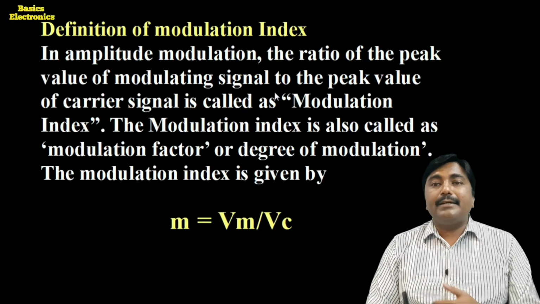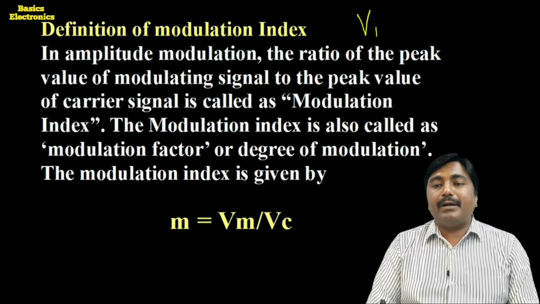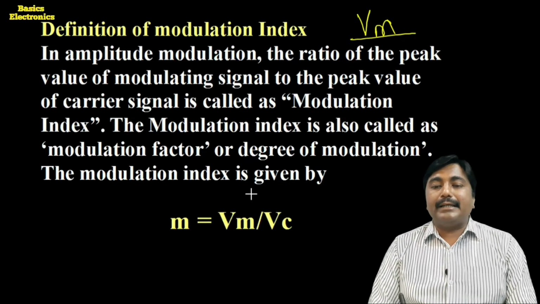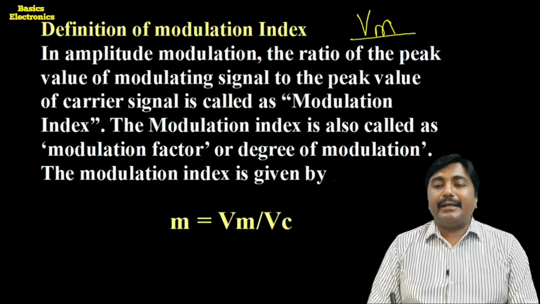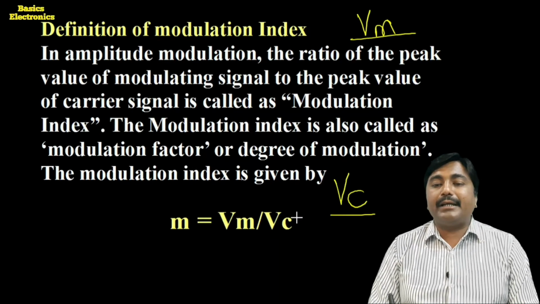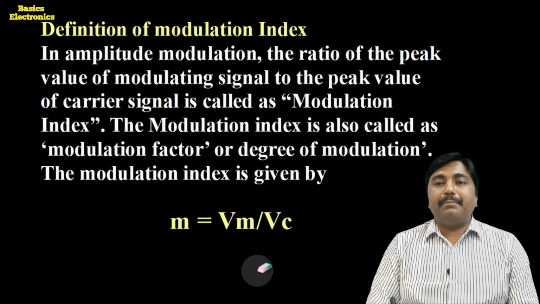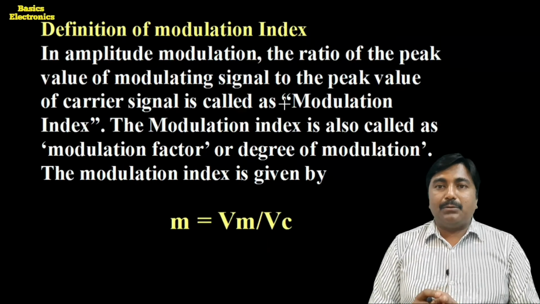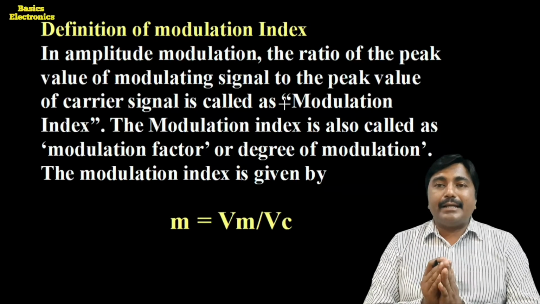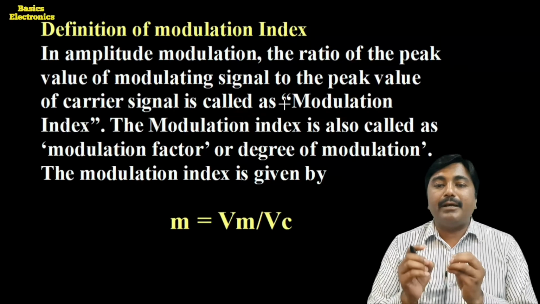The first is Vm, the peak value of the modulating signal, to the second quantity, Vc, the peak value of the carrier signal. So we can say the modulation index is the ratio of the peak value of the modulating signal to the peak value of the carrier signal.